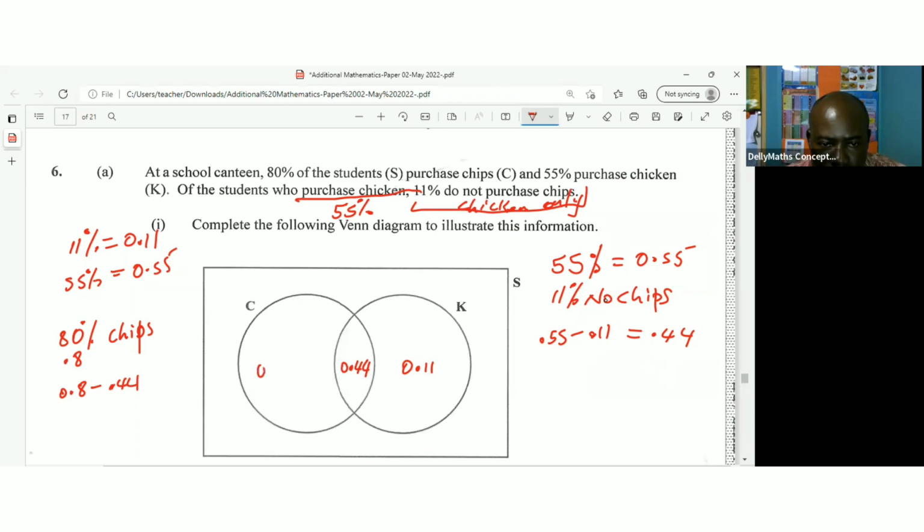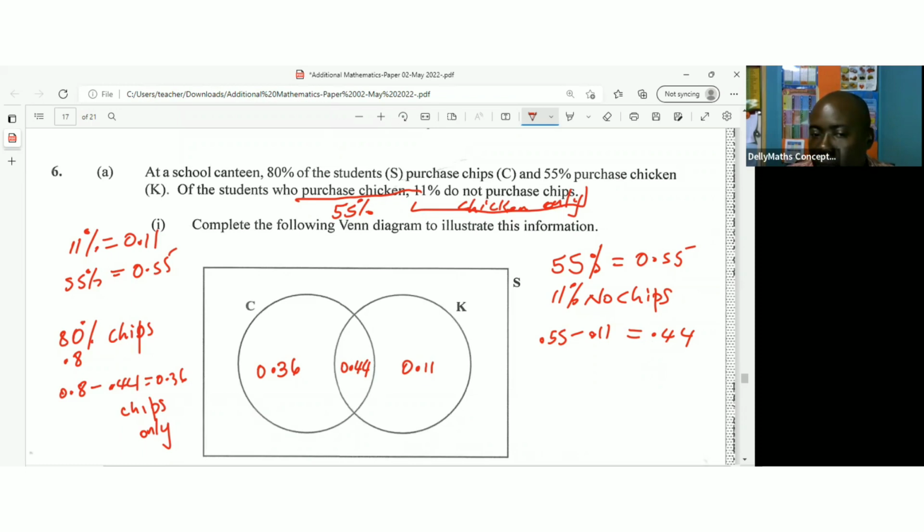That 0.36 would be referring to those who purchased chips only. Because when I add up these numbers, I should get back my 0.8, which is 80%, and I should get back my 0.55 when I'm looking at the circle.